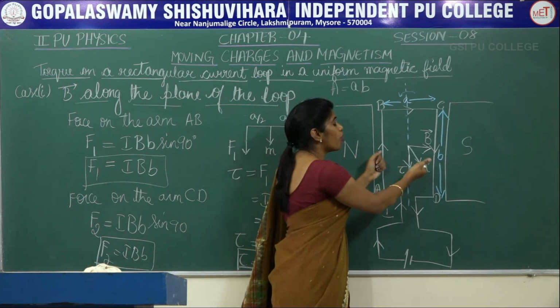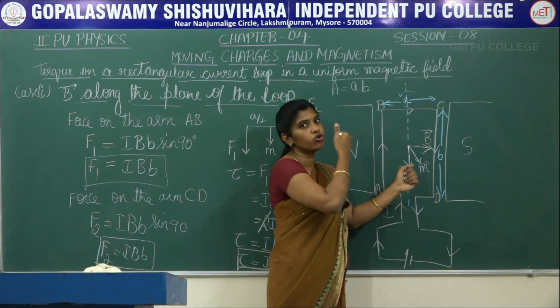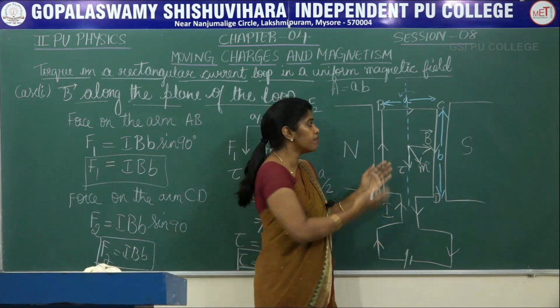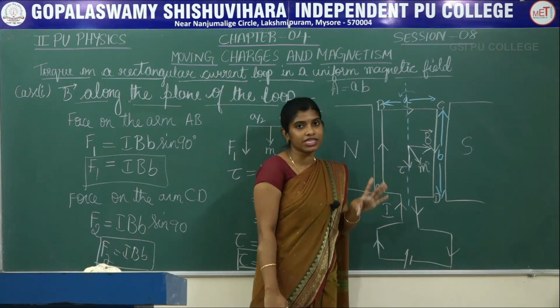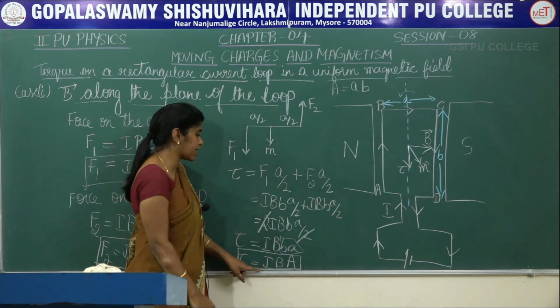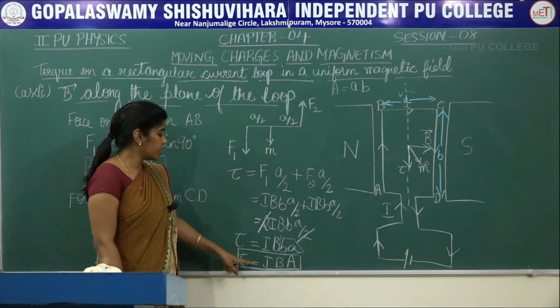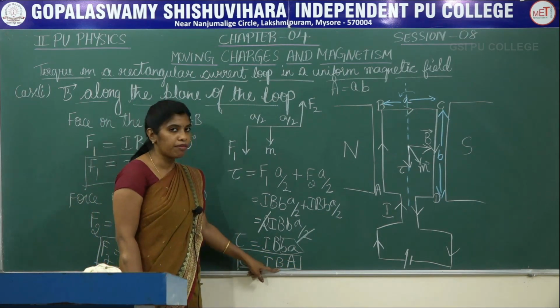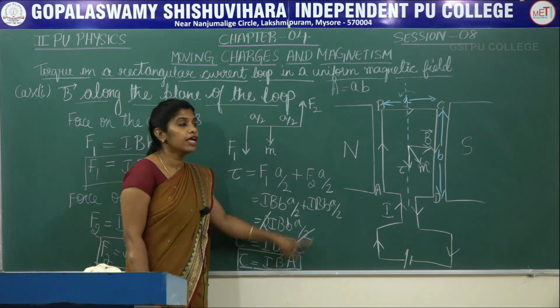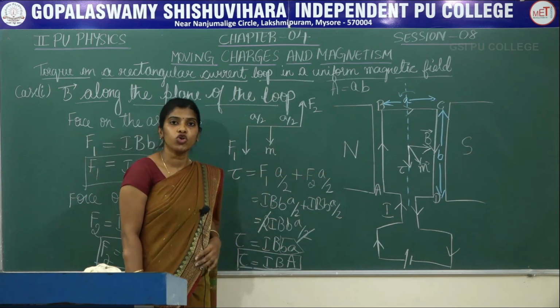Therefore, they are going to form a couple and start to rotate, and it makes the rectangular loop rotate. This is the first case, and the torque acting on this rectangular loop is equal to IBA. I is the current, B is the magnetic field, and A is the area of the rectangular loop.